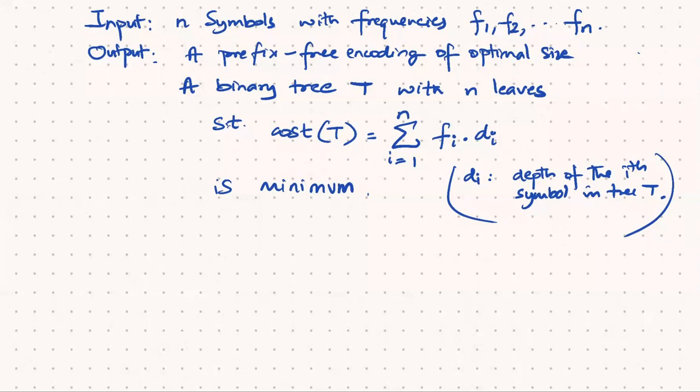The cost of the tree, this cost function that we defined, is the summation of the product of the frequency times the depth of a symbol. This represents the file size, and we want to minimize this term. Okay, and so how do we go about building this tree?